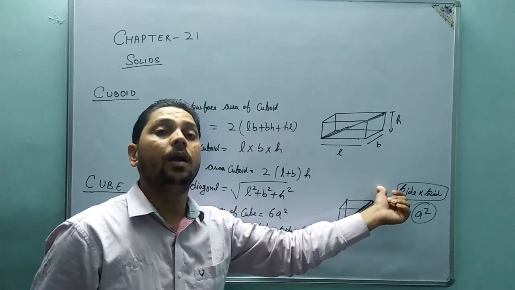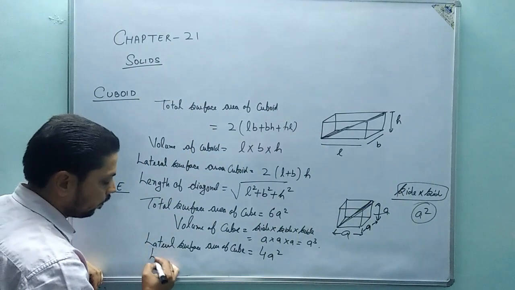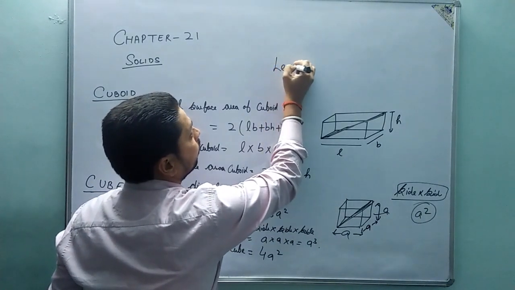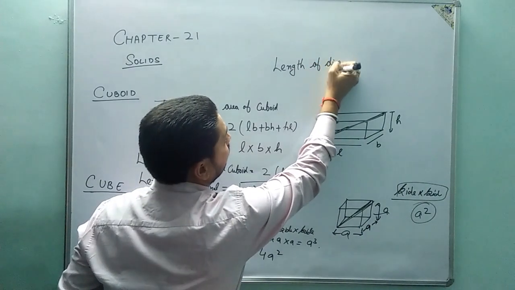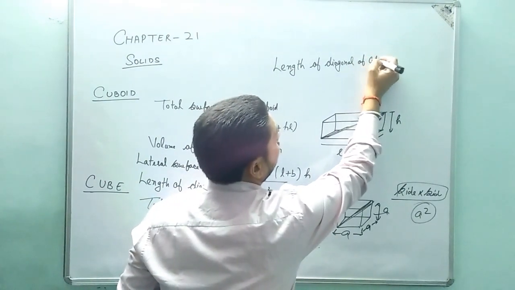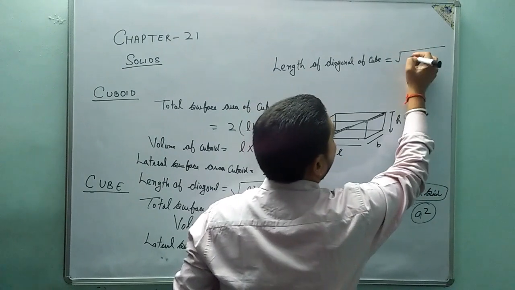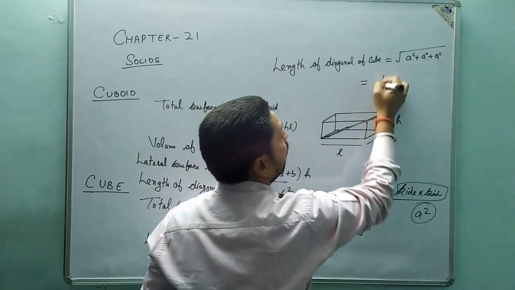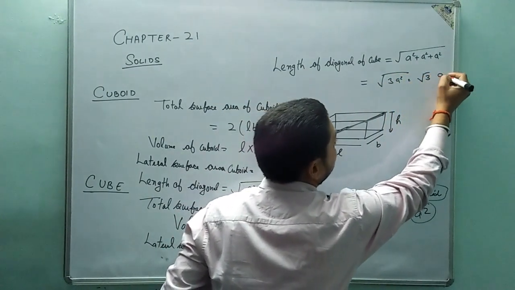So that will be your diagonal. Length of diagonal of cube will be equal to under root of a square plus a square plus a square. That is equal to under root of 3a square, and ultimately it is under root 3 a.